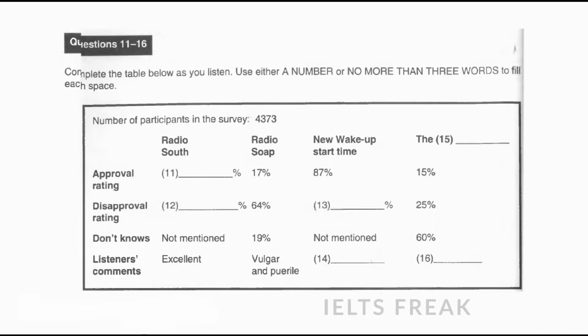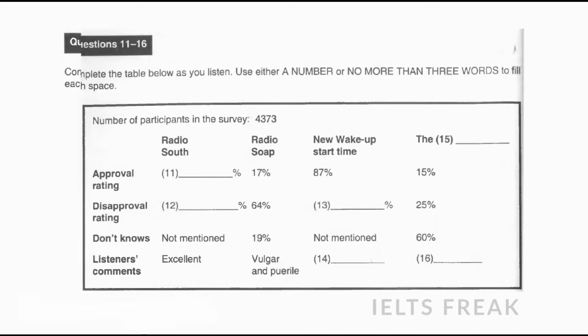And for 87% of you, the new starting time of 5 a.m. for the wake-up show went down really well. Only a small disapproval rating for this one. In fact, only 3%. Many of you said the earlier time is a real hit. Unfortunately, the wine show has not gone down well at all.